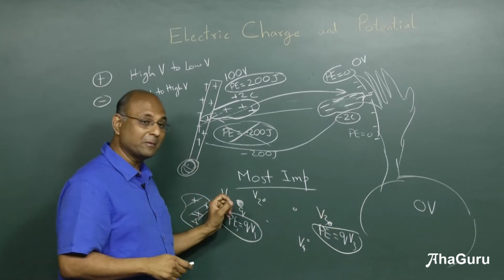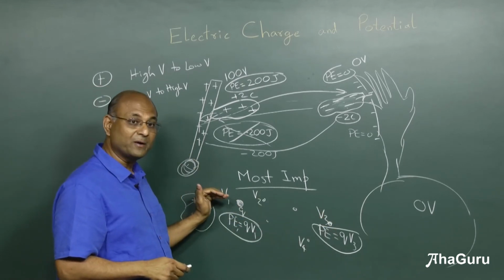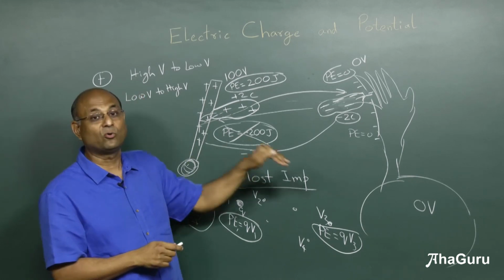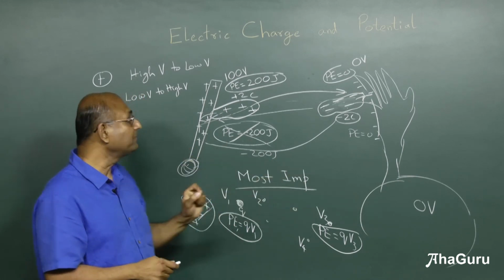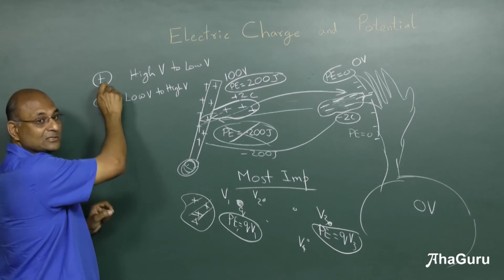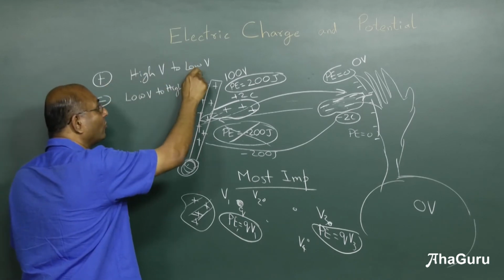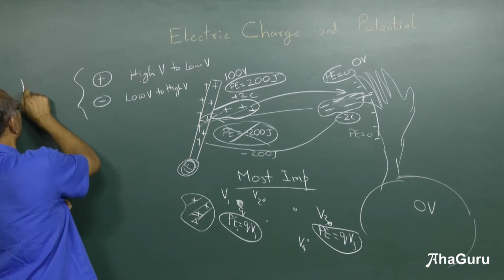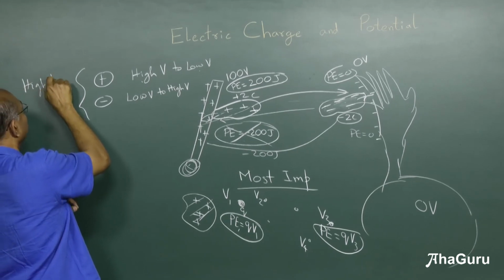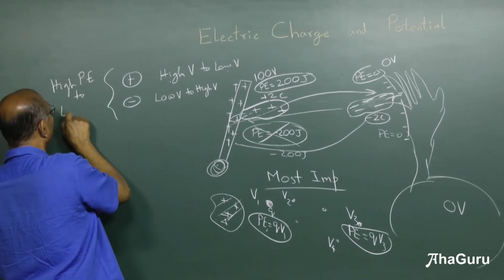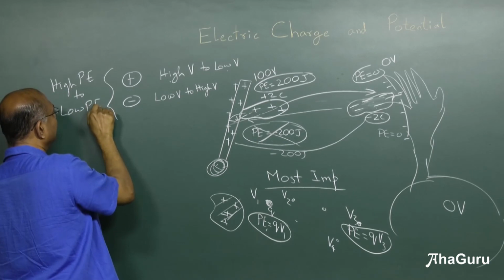And also remember, objects like to go from higher potential energy to lower potential energy. This means positive charges go from high potential to low. Both of them go from high potential energy to low potential energy.